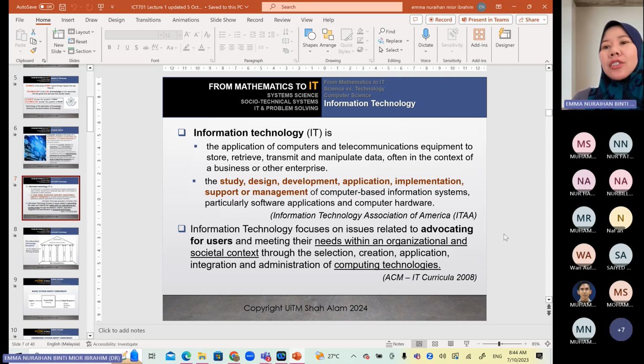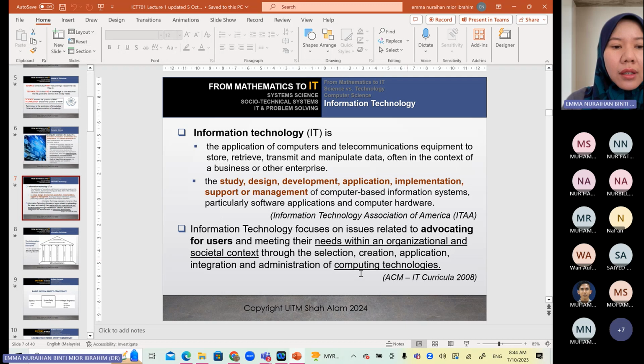So we have to teach the students in the sense that they're not probably ending up become a programmer. Some of them are going to be a social media specialist, probably in digital marketing. So the coverage is quite huge for students who are taking IT.